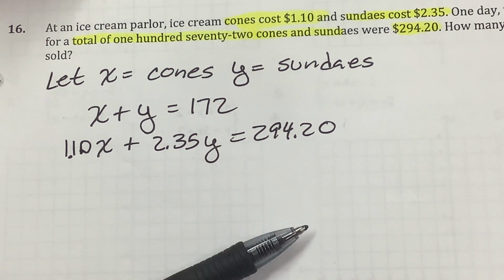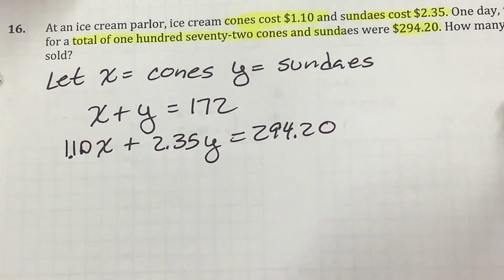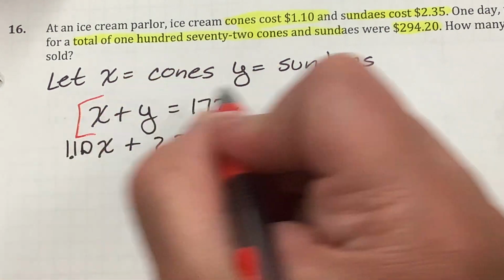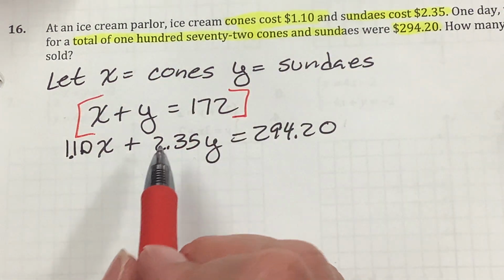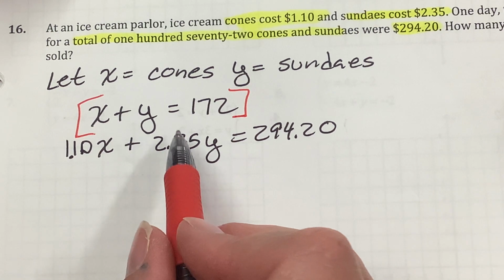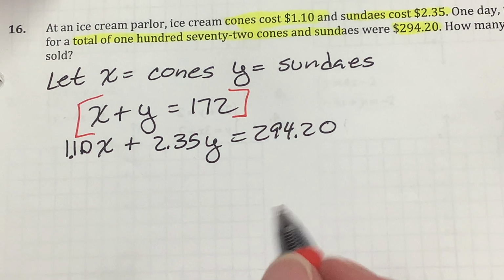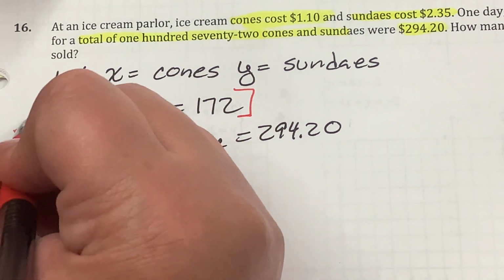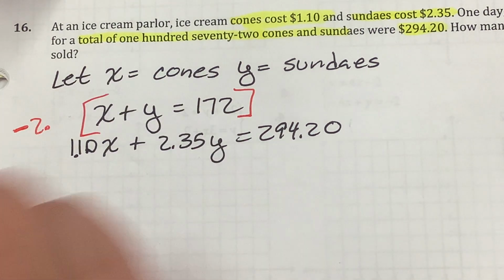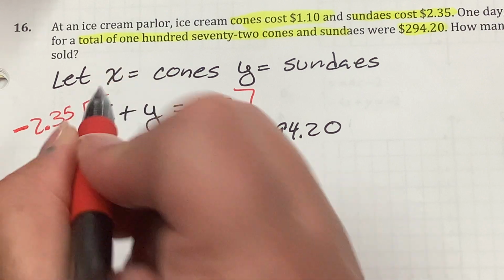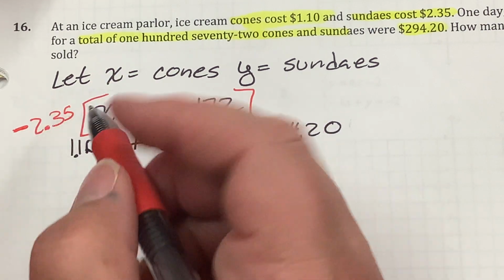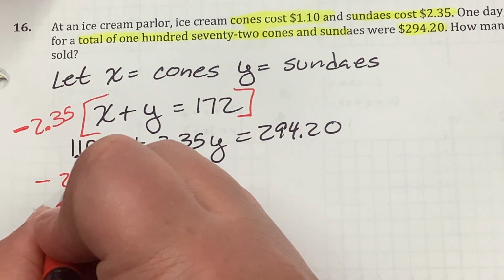But in order to do that, I have to take this top equation and multiply it times the cost of the sundae, but negative cost of the sundae. So when I subtract, it disappears. So negative $2.35.